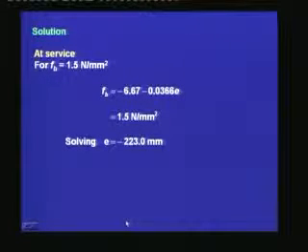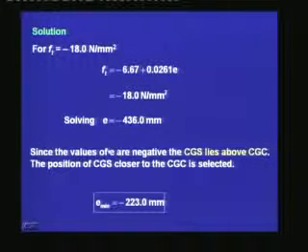Similarly, for service, we are calculating first based on the tensile stress at the bottom, which can be 1.5 Newton per millimeter square. Based on that, E is equal to minus 223 millimeters, and by equating the stress at the top to minus 18 Newton per millimeter square, we find E equal to minus 436 millimeters.